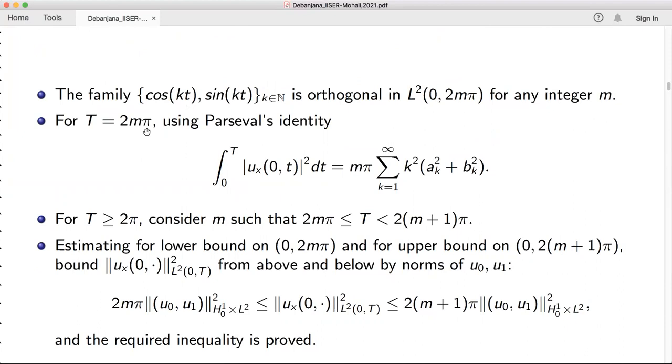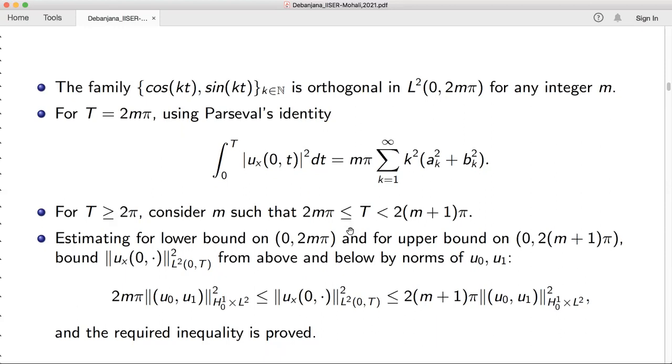But our claim was for any T greater than or equal to 2 pi, and that can easily be obtained now, noting that if capital T is greater than or equal to 2 pi, then there exists an integer m such that you can bound capital T in this particular way.